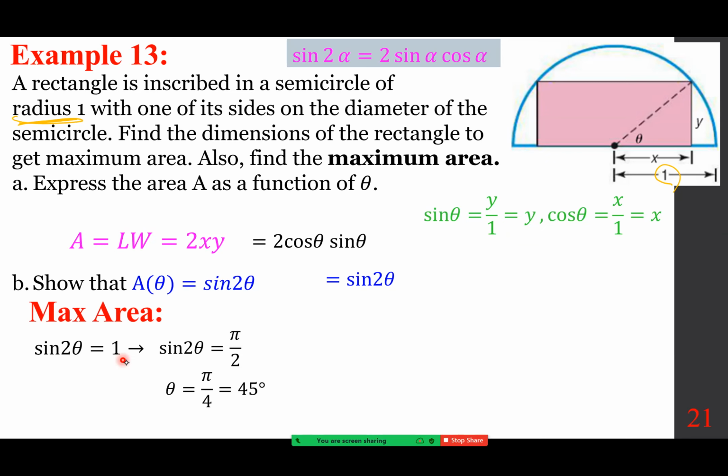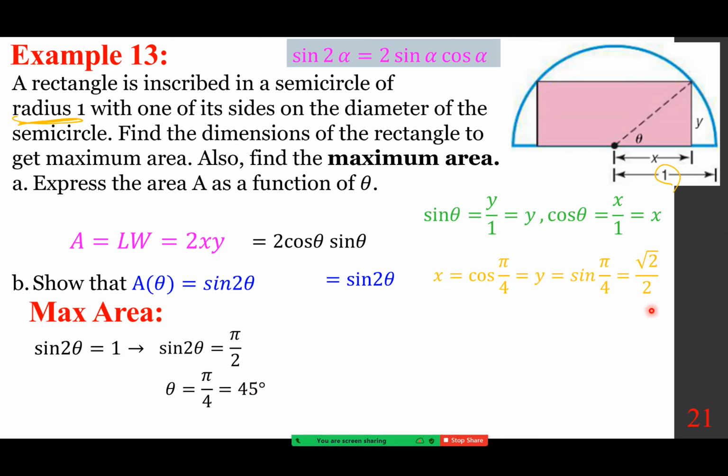So what is the area? 2 times x times y. X is cosine theta. Cosine of 45 degrees is square root of 2 over 2. Y is sine theta, which is the same thing, square root of 2 over 2. Okay, so x is cosine pi over 4. Y is sine pi over 4.